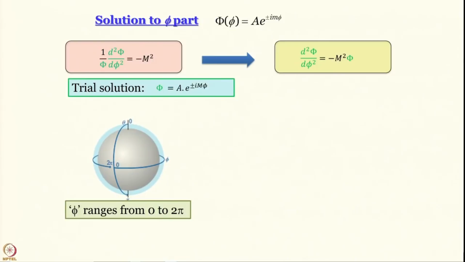Now, see, if you remember, phi actually ranges from 0 to 2 pi. Okay. That leads to a very important consequence if you remember Born interpretation. One of the things that we studied from Born interpretation is that a wave function must always be continuous. What does that mean? Okay. Let us say we start from some point.